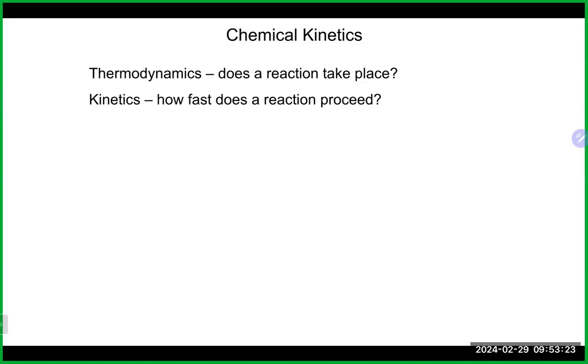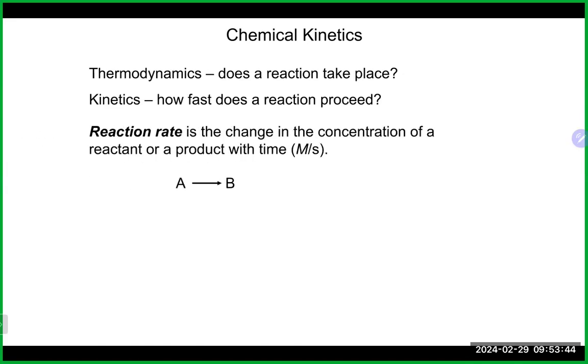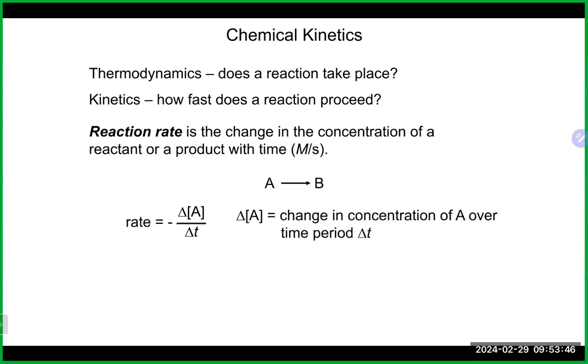That is what we're going to deal with in this chapter, which is kinetics. Kinetics deals with how fast or slow a reaction takes place. Sometimes with spontaneity people always think it's happening really fast, but here in this chapter we're dealing with how fast a reaction takes place.